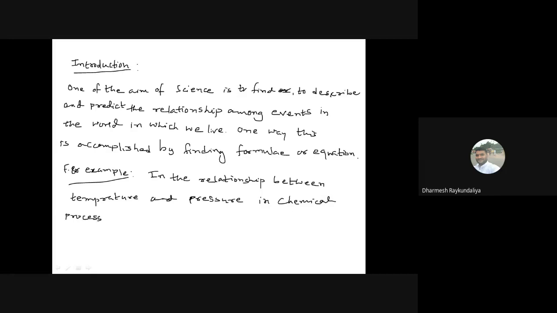So we know that there is a relation between the temperature and pressure. If you increase the temperature, there is a chance of increase of the pressure because pressure is proportional to temperature. So in a chemical process, we try to control the temperature so that pressure will be under control.